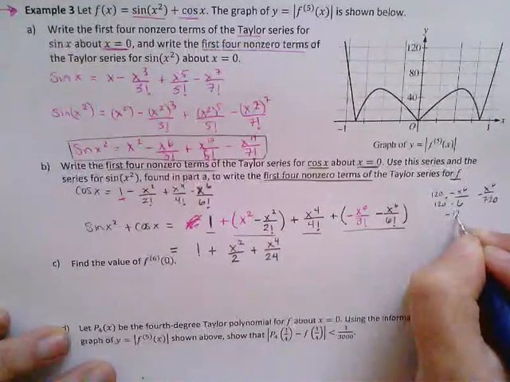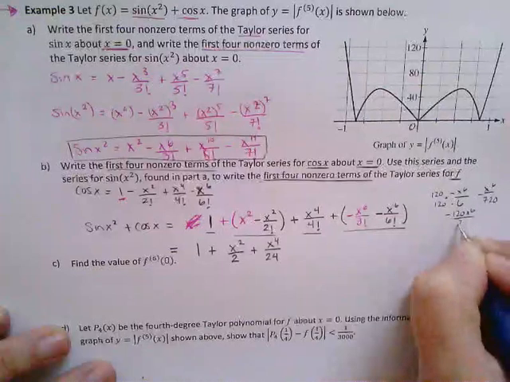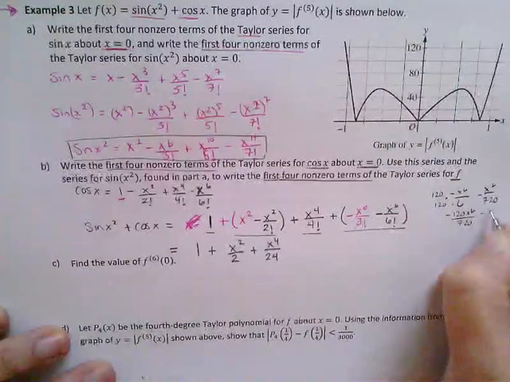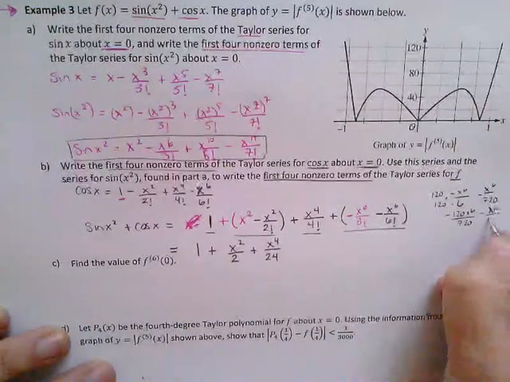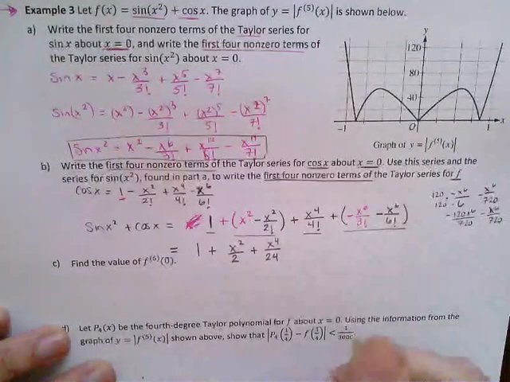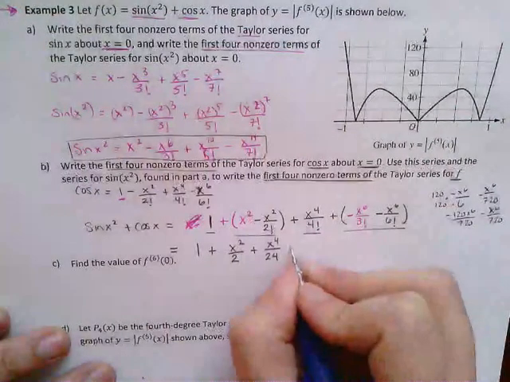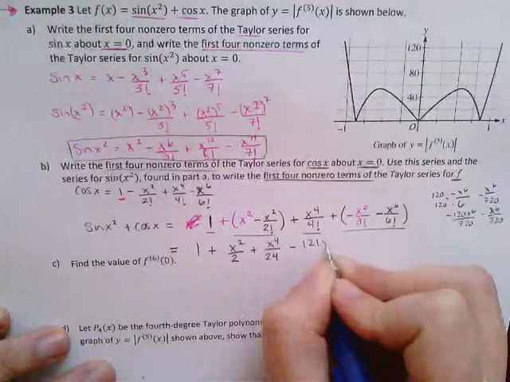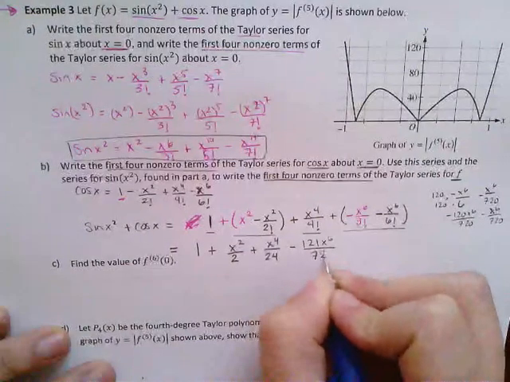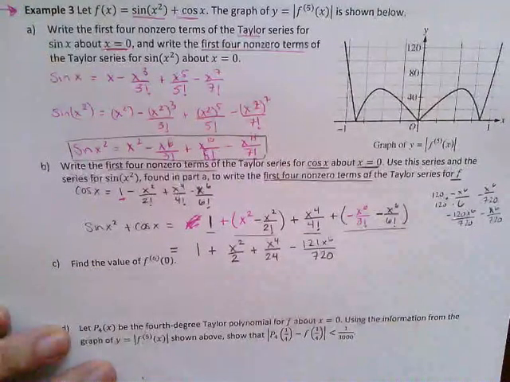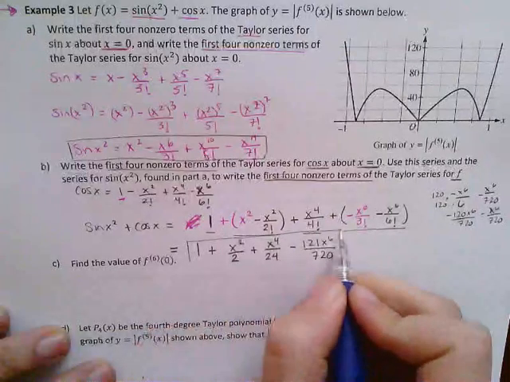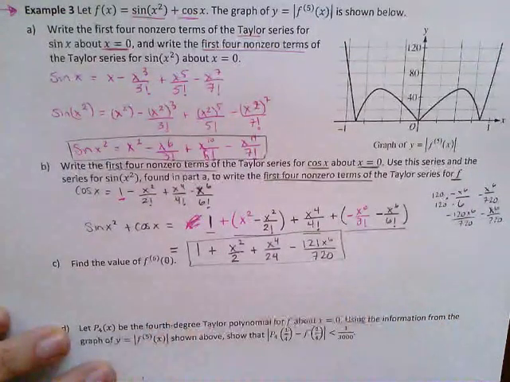So you get negative 120 x to the sixth over 720 minus x to the sixth over 720. So you end up with negative 121 x to the sixth over 720. So none of these canceled out, so here are our first four non-zero terms.